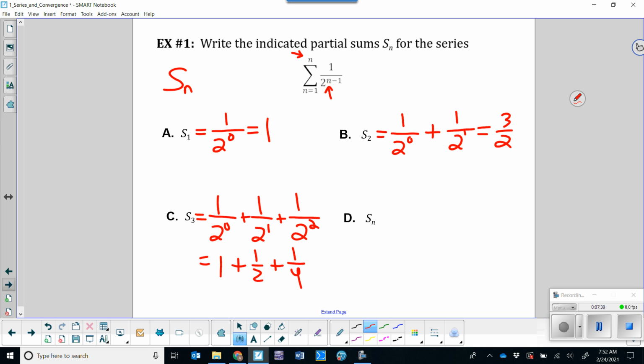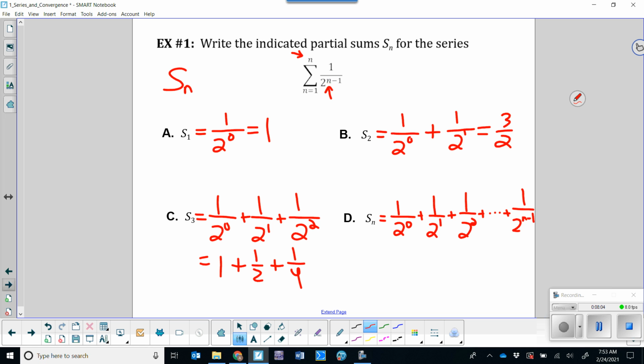Now, Sn means I plug in 1, I plug in 2, I plug in 3, and then I continue on until I plug in n. So I'm going to get 1 over 2 to the n minus 1. And that's what we call the general term for the sequence that we're listing.